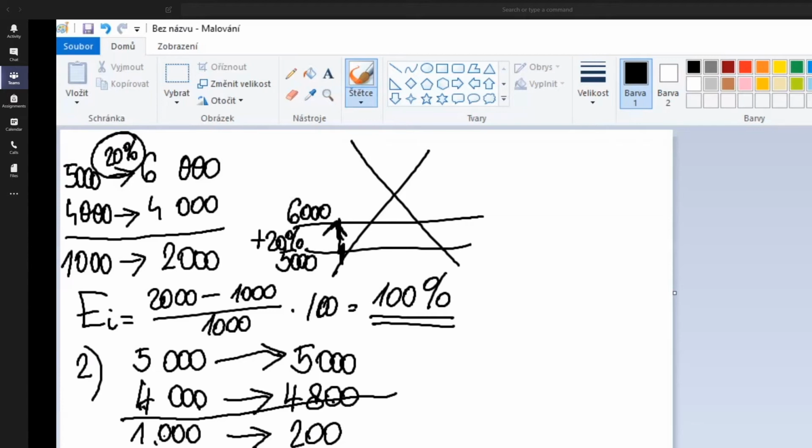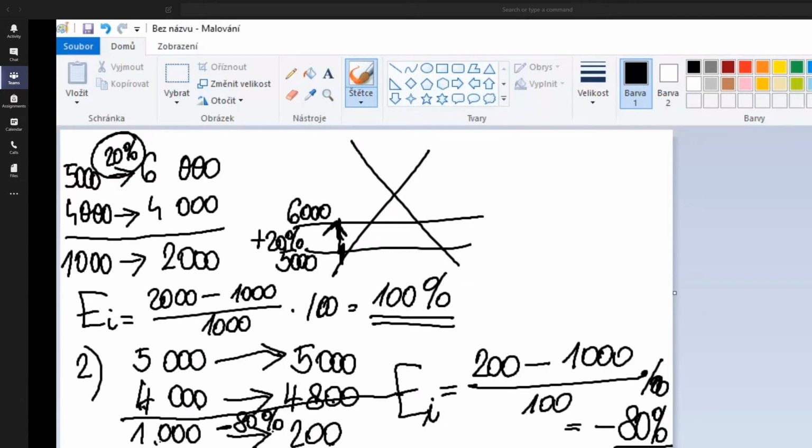So I would like to write the conclusion with you. The effective tariff protection rate shows that the imposed tariffs are very complicated, because the industries are connected.